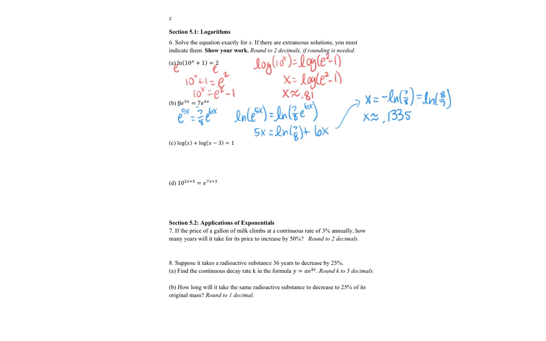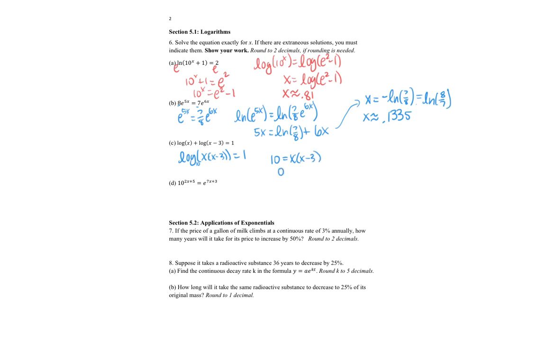Okay, now I have this. Okay, so I can combine those. So this is the log of x times x minus 3 equals 1. So I can just use the definition of log. So this is 10 to the 1 equals that. So 10 equals x times x minus 3. This ends up being a quadratic.